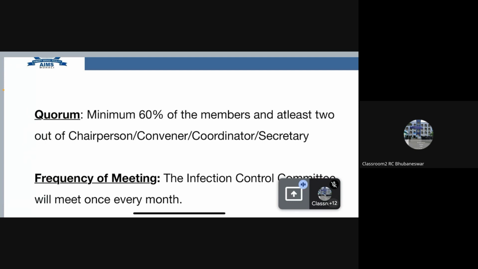A microbiologist should be the member secretary. There is a requirement for an infection control nurse who will provide the link and work at the ground level. Whenever the committee meets, a minimum of 60% of members should be present.